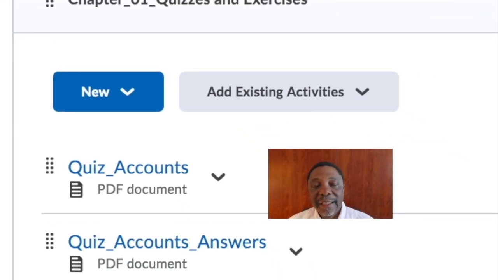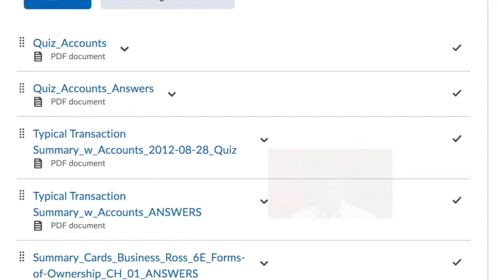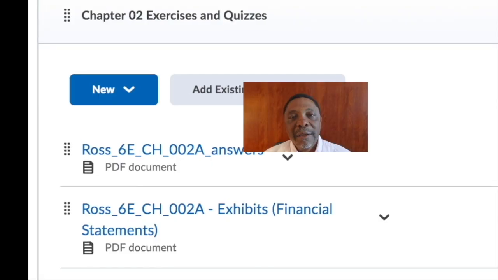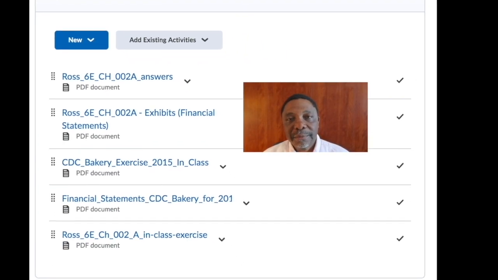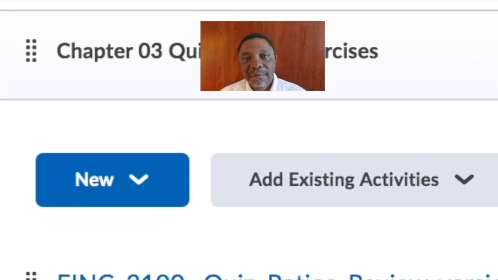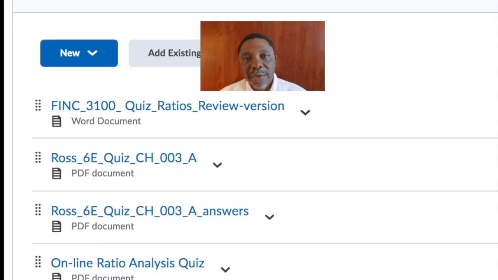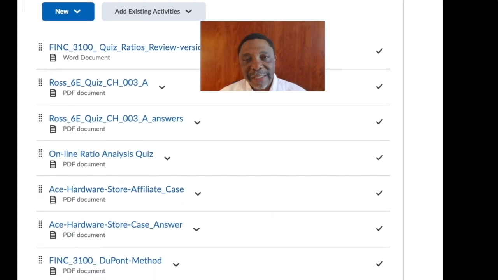Here you'll see resources for Chapter 1. Here you'll see various worksheets and exercises for Chapter 2. Here, you'll see various resources, worksheets, and exercises for Chapter 3.